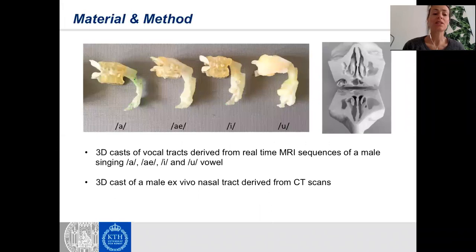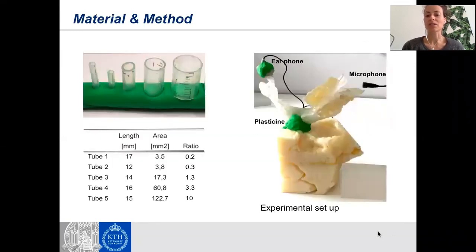So we used vocal tract cast 3D printouts of the vocal tract in different vowel configurations, an A, an E, an E, and an U, and we coupled those to a sinonasal tract model derived from a CT scan, and this was the experimental setup. Here you can see the nasal tract.